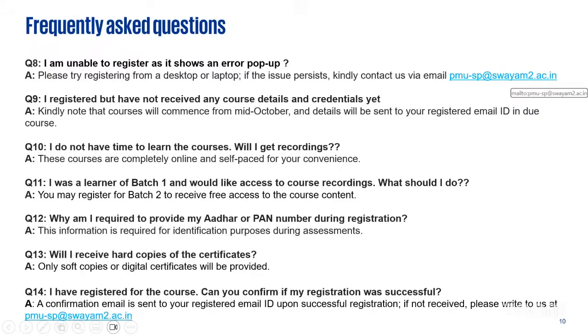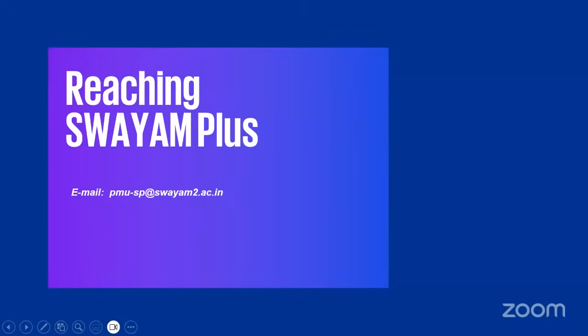If you haven't received any email even after completely registering on the portal, then write to this email ID, pmu-sp@swayam2.ac.in. We'll take this on a case by case basis and we can help. I am again projecting the email ID to which you will have to write in case you face any difficulty.